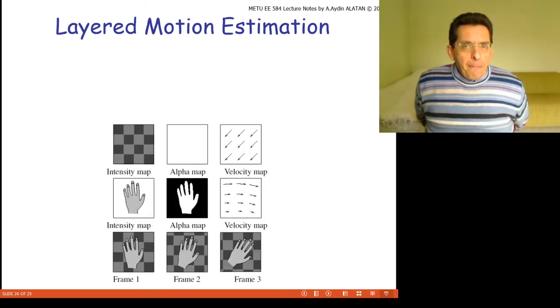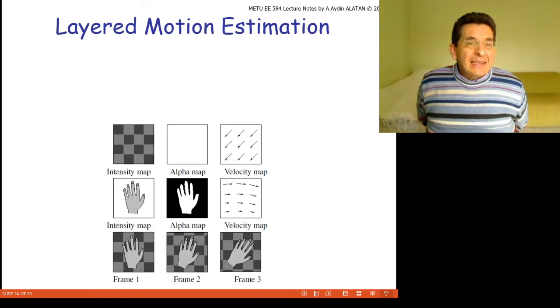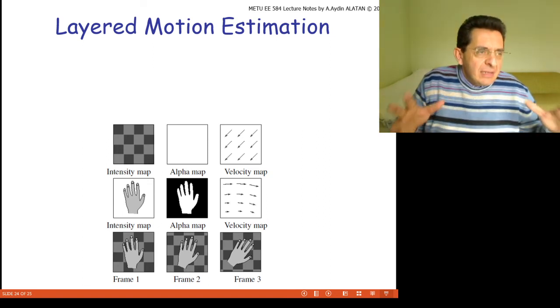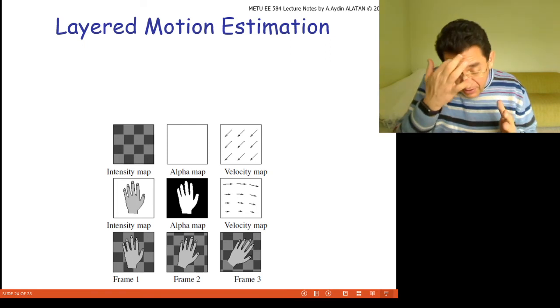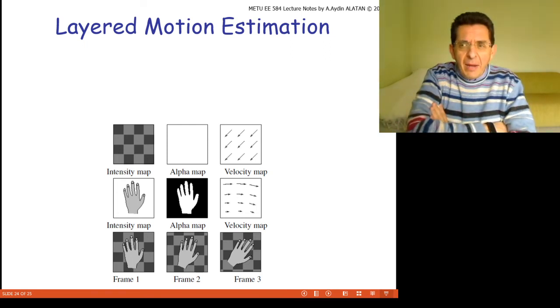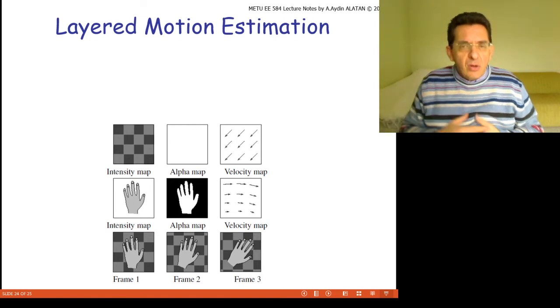Now finally, I would like to talk about another technique called layered motion estimation. That's also a very important idea. Until now, I was always talking about optic flow where everything is smooth, the object is moving, or I was talking about parametric models where we fit a parametric model to all the pixels. But in real life, maybe the camera is moving, my hands are moving, something in the background is also moving.